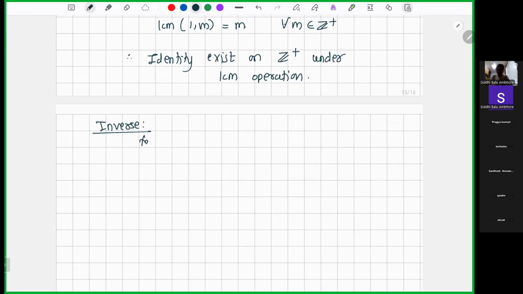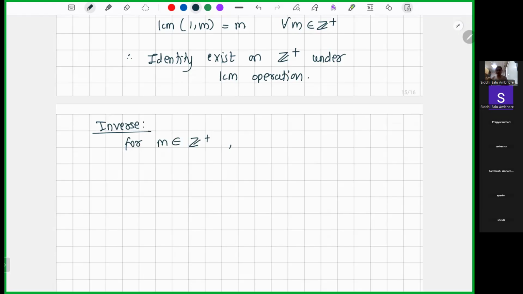So for given m in Z plus, we got the identity in Z plus itself. In the earlier case, when we were talking about GCD, we did not have the existence of identity in positive integers. We had to extend our set to Z plus, and we got that 0 was the identity in case of GCD.